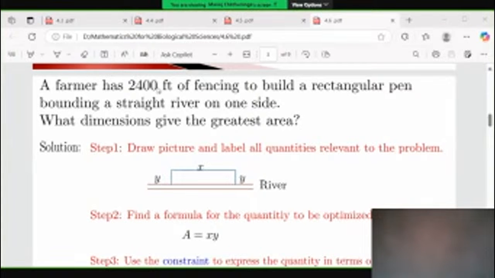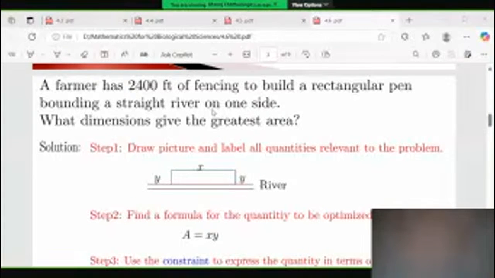He has enough material to build a fence of 2,400 feet long, and he wants it to be rectangular, and at the same time he wants to build it so that one edge is a river.